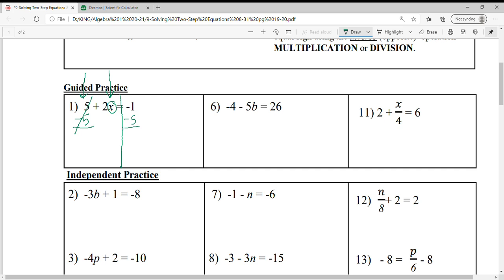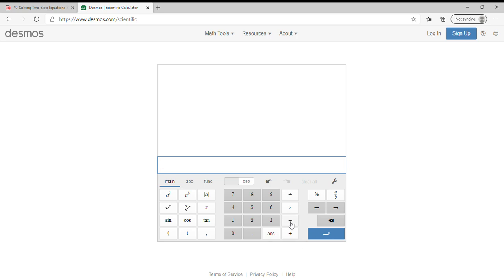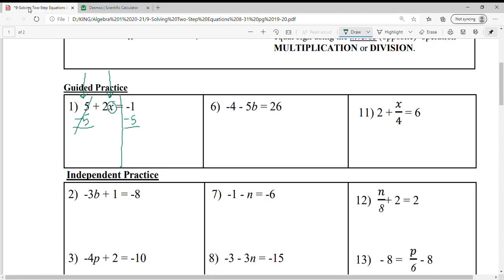Anytime I have negative numbers, I'm always going to use my calculator. So negative 1 minus 5, enter, and I get negative 6. Everything I've done so far is the same as last week.